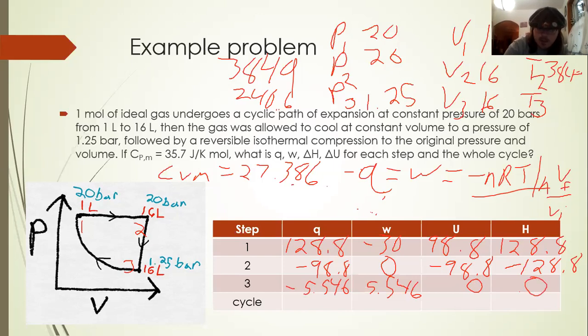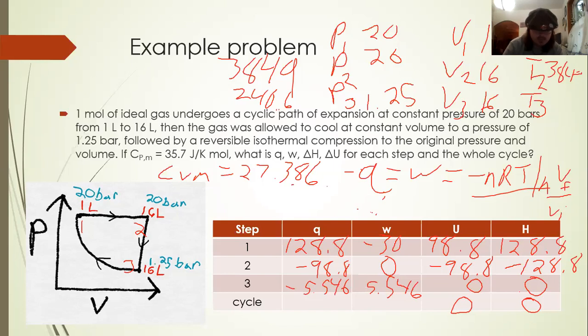I add up negative 128.8 to positive 128.8 plus 0 gives 0. Positive 98.8, negative 98.8 plus 0, 0. You get 0 internal energy change in a cyclic process.